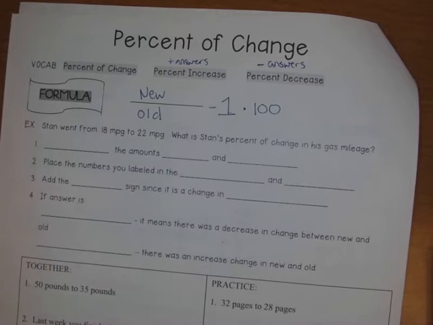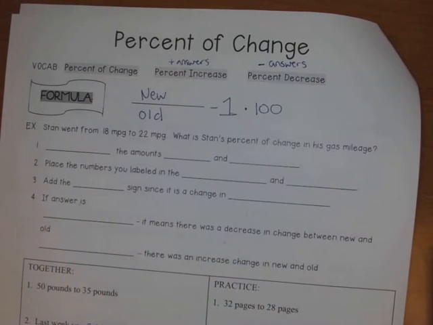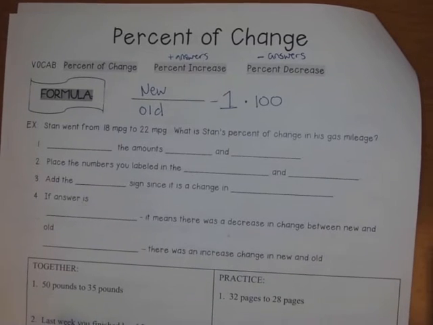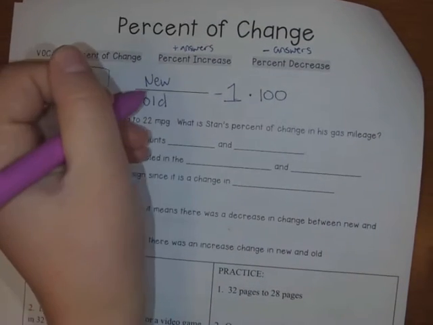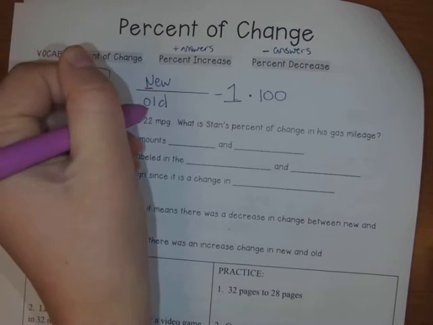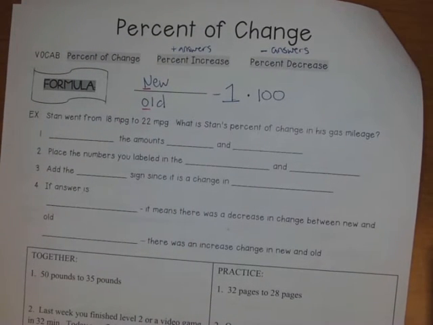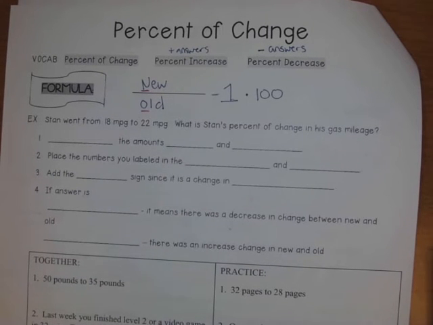Just like on percent proportions, the 100 you're always going to have at the bottom. Now, as we're dealing with this, we're going to label using the N and the O. It helps when you label so you know which one's the new one and which one's the old one.